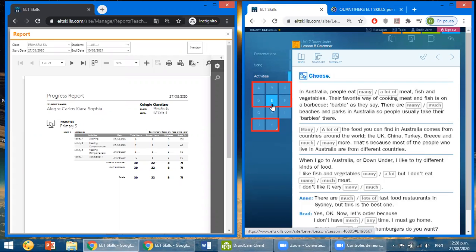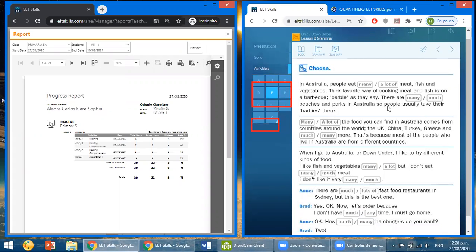In the activity E, you need to choose the correct option, okay? Much or many, or a lot of. Remember, many for countable, much for uncountable. A lot of is for both, okay? For example, in Australia, people eat a lot of meat.